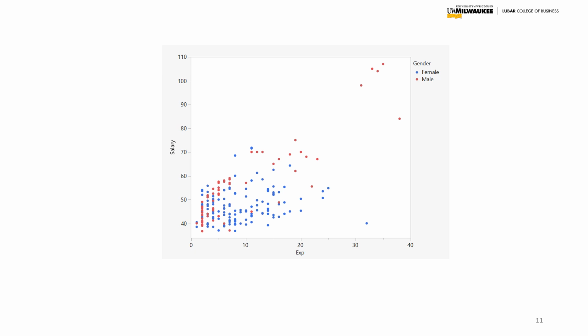I'm now going to go to Graph Builder and make a scatter plot of salary against experience. I dropped the gender variable in the overlay box to color code males versus females, and we can see here that the male data in red are generally above the female data in blue.